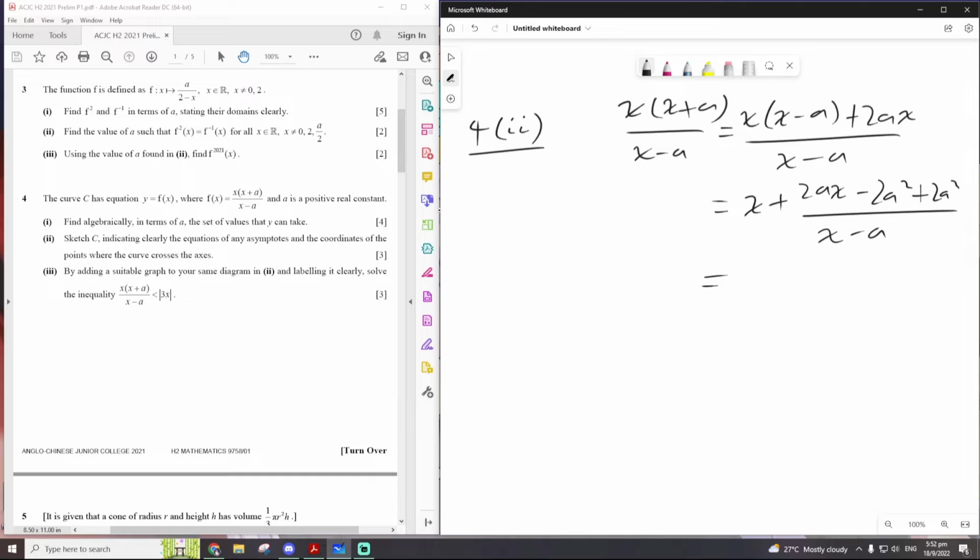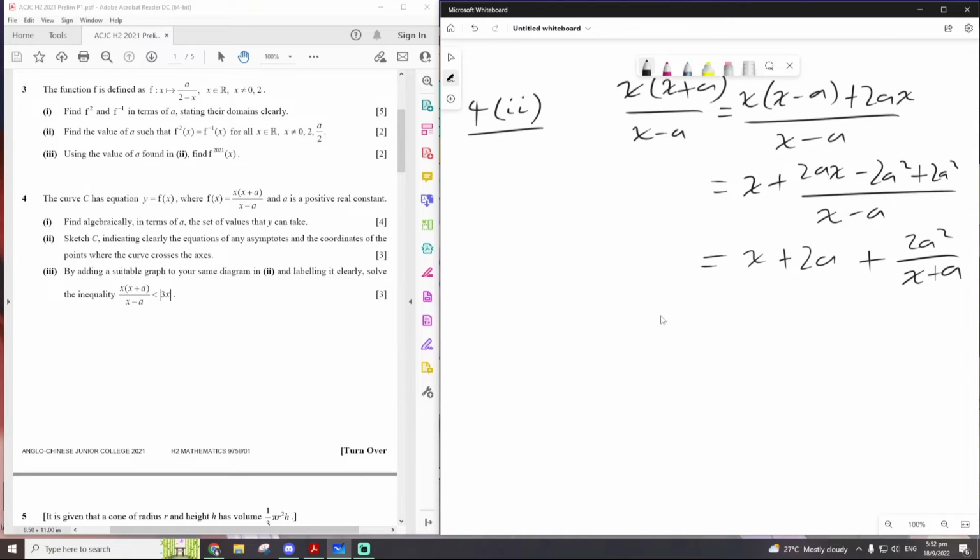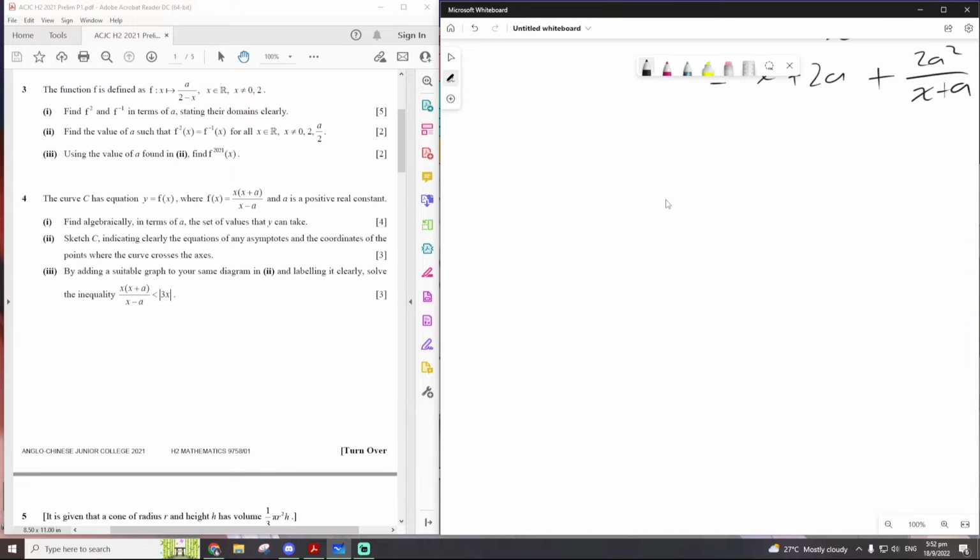So I'll get x plus 2a plus 2a squared over x minus a. And x plus 2a, that should be my oblique asymptote. Okay, so that's cool. So let me just write a remark here. Oblique asymptote.